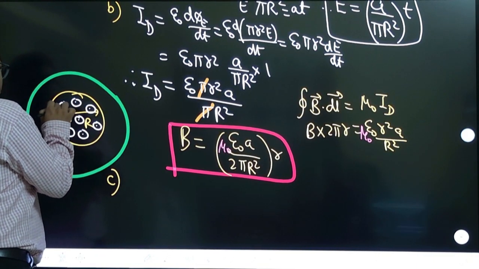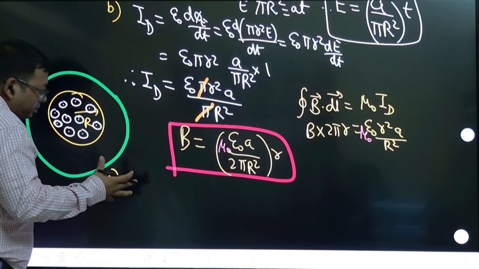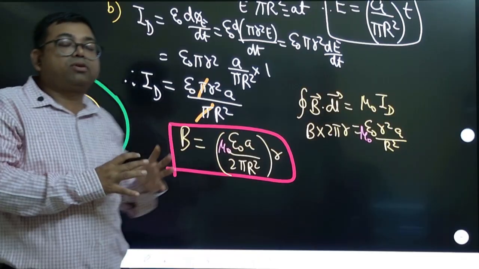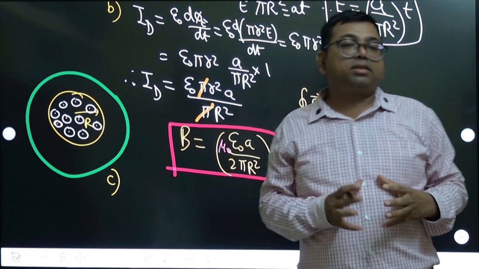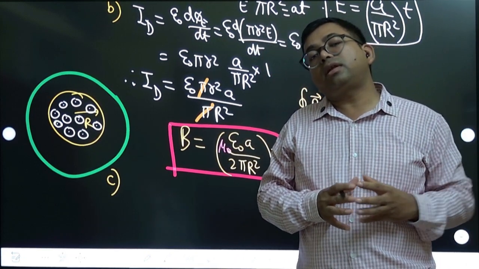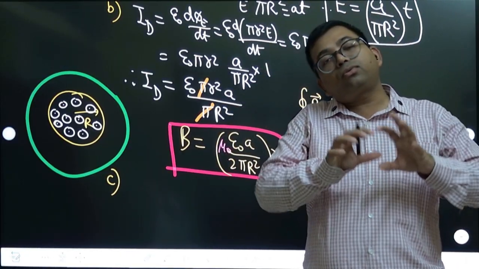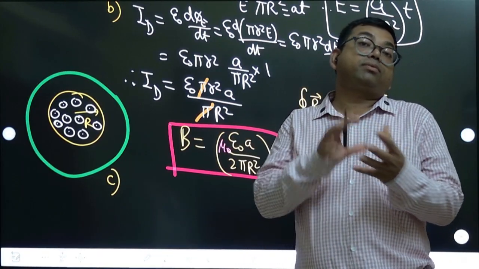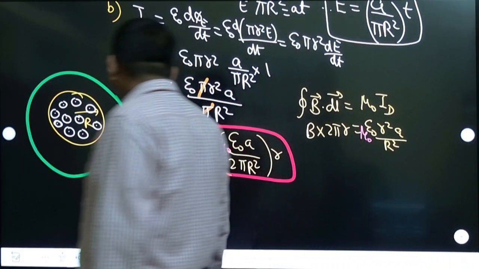So if the field is only present in this space, even if you take a larger area beyond this, it is not going to affect, because flux is only limited up to capital R. Are you understanding? So when you are calculating the electric flux for the entire bigger region, you have to come up to capital R radius only, because flux is only associated with that region, right? So that is where the calculation will change.